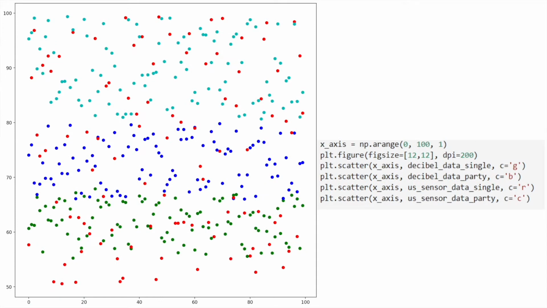On this slide, you can see the data visualization of the data set which we gathered. We plotted it on a graph. The data consists of the data gathered by the decibel sensor and the ultrasonic sensor in both cases, when it is a single person or a party.